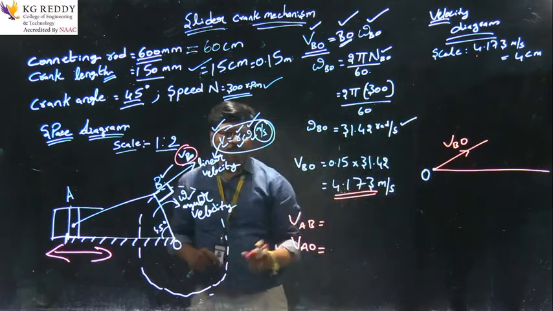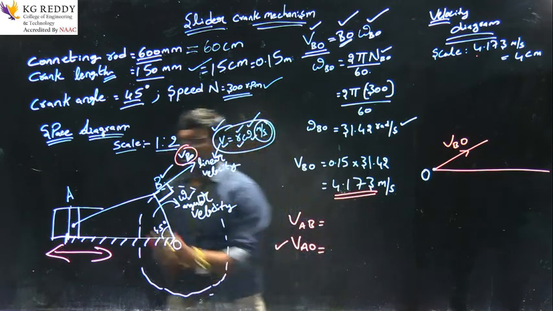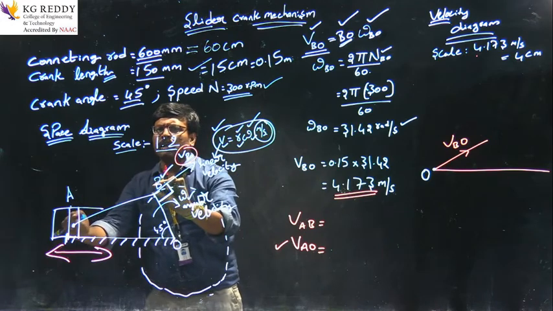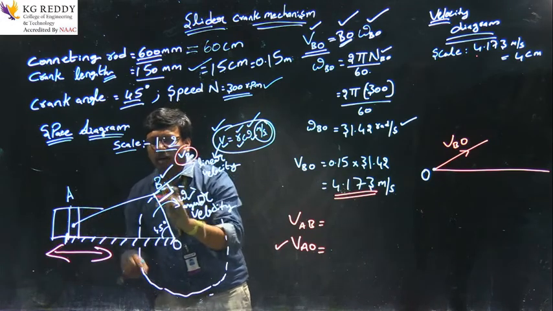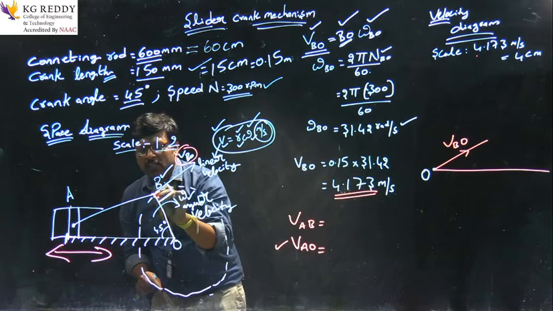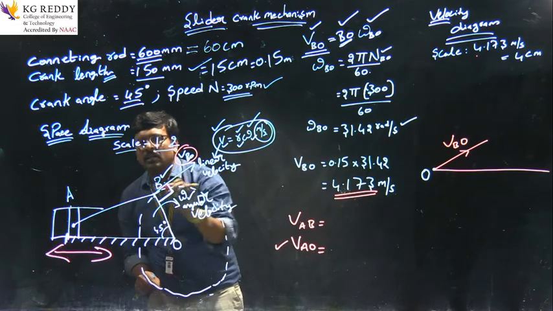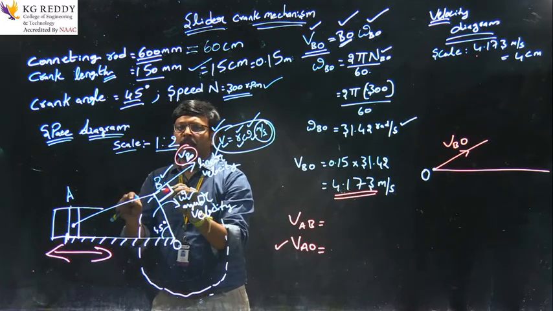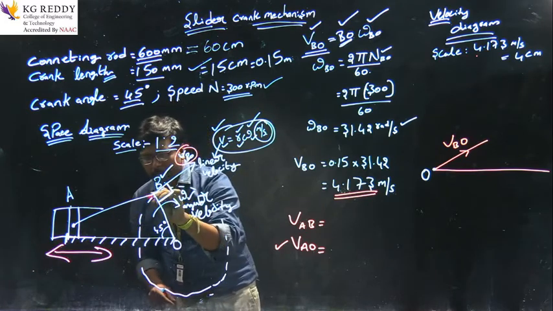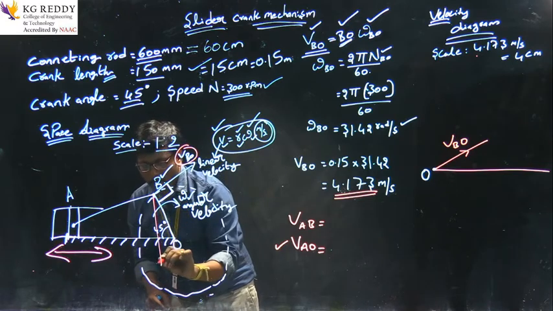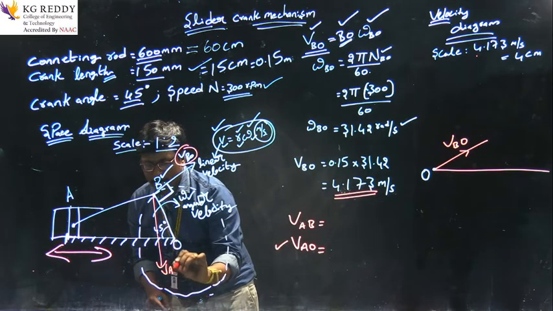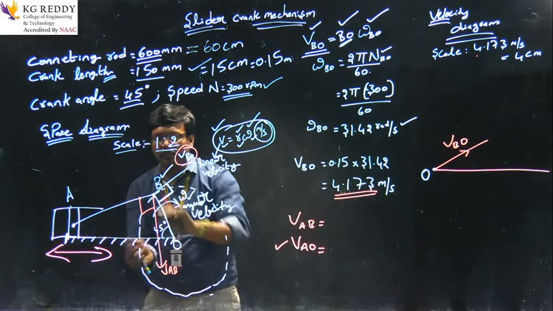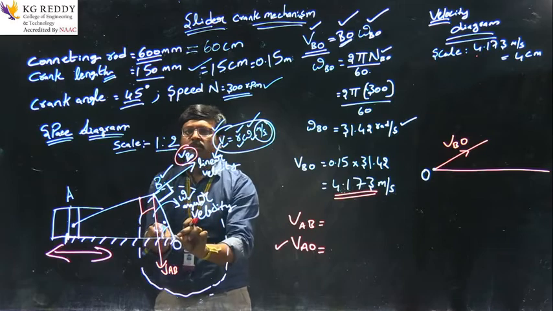Next, velocity of A with respect to B. While it is rotating in this way, AB is a connecting rod, so we get the velocity perpendicular to this AB. Velocity of A with respect to B will be perpendicular to the connecting rod AB in this direction, because while it is moving, it is coming downwards.